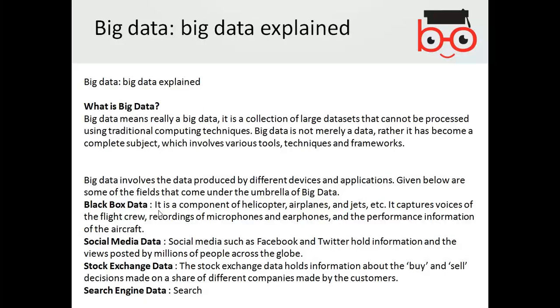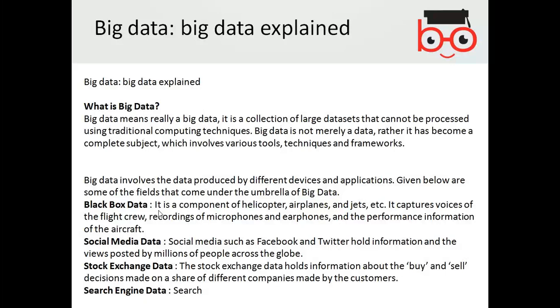Another form of big data is social media data. Social media data is again not in the conventional form, but a specialized form of database, because social media such as Facebook and Twitter cannot be stored in conventional ordinary databases.